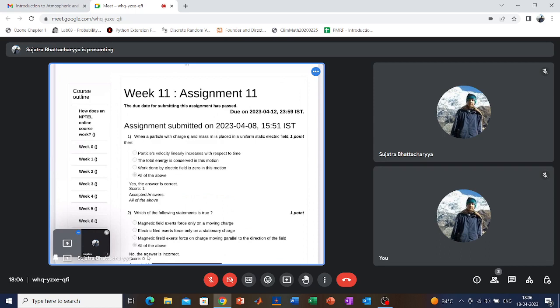The first question in the assignment is: when a particle with charge q and mass m is placed in a uniform static electric field, very important, the uniform static electric field, then what will happen? These options are given. For example, the particle's velocity linearly increases with respect to time; total energy is conserved in this motion; work done by the electric field is zero in this motion; and the fourth option is all of the above.